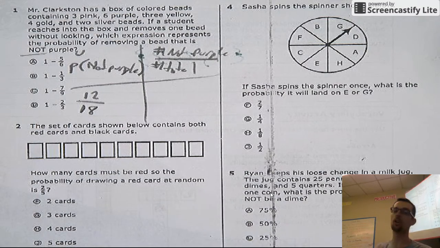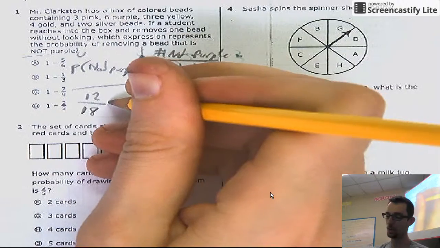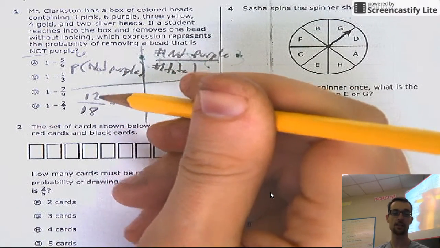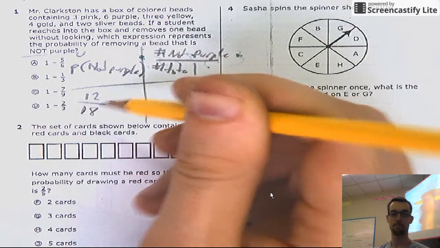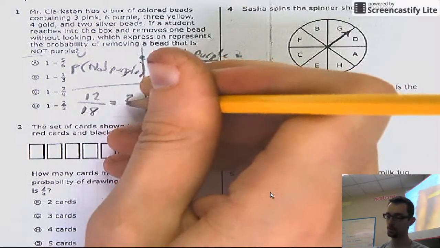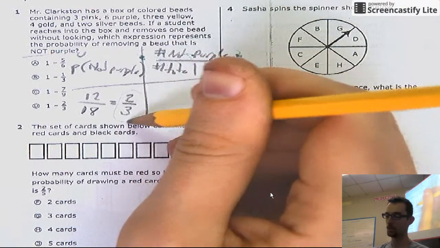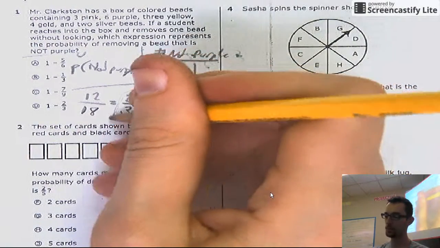None of those look like it, so my first thought is to reduce. If I reduce 12/18, they're both divisible by 6, so that gives me 2/3. Now be careful. We're looking for an answer that gives me 2/3.